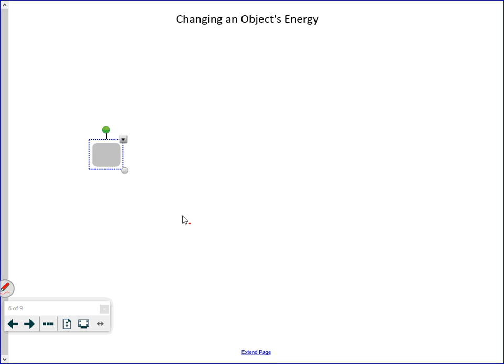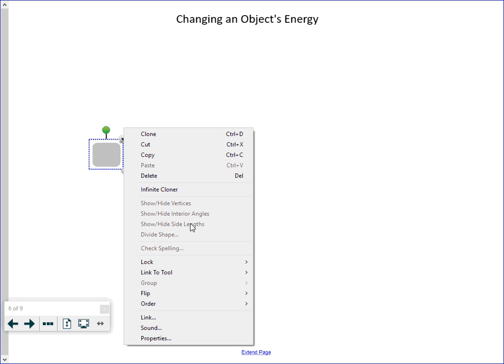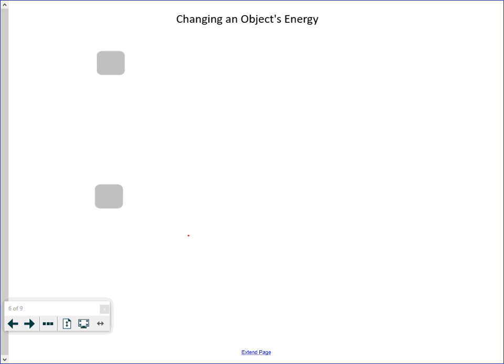Let's look at a different case. Let's change this object's energy, and we're going to do that by taking the object from here to here. We're going to start it here and move it this way.